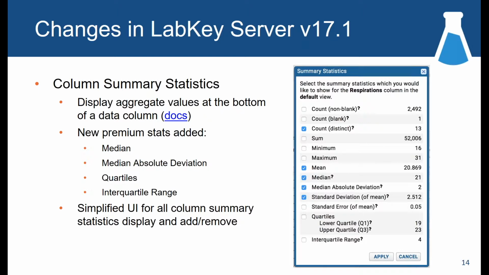It lists all of the supported aggregate functions or statistics for a given column based on that column's data type. So this dialog displays the list of statistics, but also the actual calculated value based on the column that you're looking at, on the grid you're looking at.